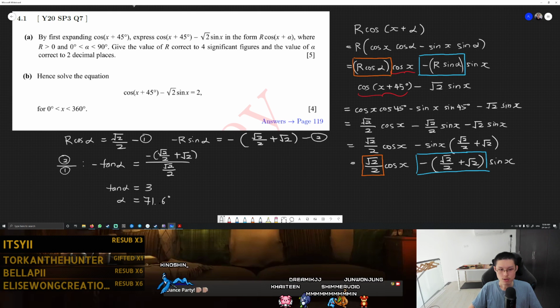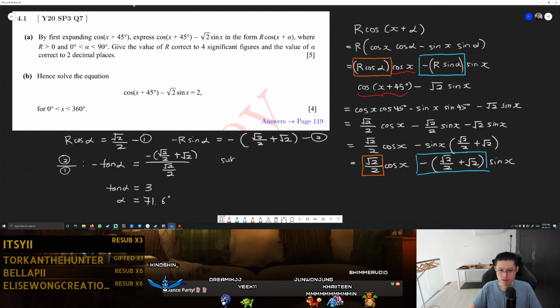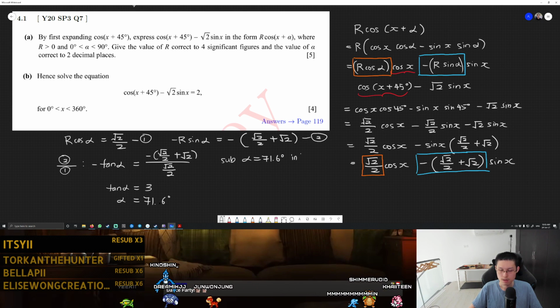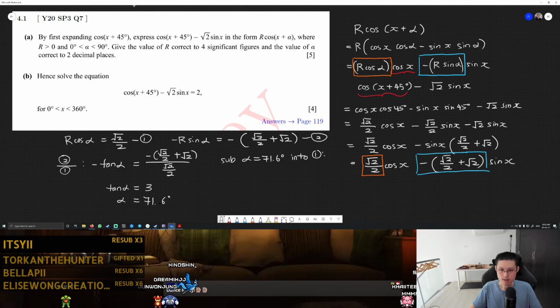So once you've gotten your alpha, you have to find r. So we're going to substitute alpha equals 71.6 into either 2 or 1. I'm going to choose 1. So we're going to get 71.6 equals root 2 over 2.